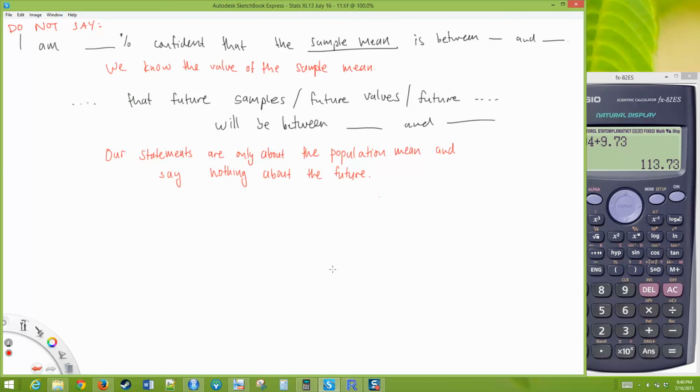But confidence intervals are incredibly useful, because from a sample, even just a medium-sized sample, we can start making statements about the value of the population mean.